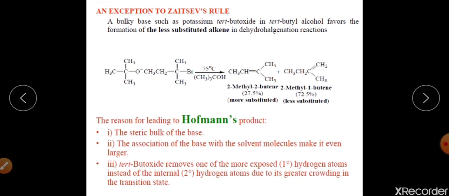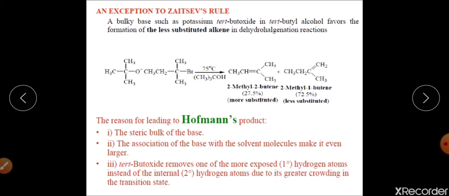In my next slide, I will say that this S product, Saytzeff product, will not be the major product. Instead, the Hofmann product will be the major product. So there are certain cases. I will discuss these cases, the parameters that will tell you that the Saytzeff product is not the major. Instead, the Hofmann product will be the major product.